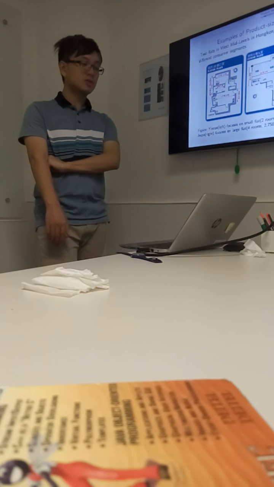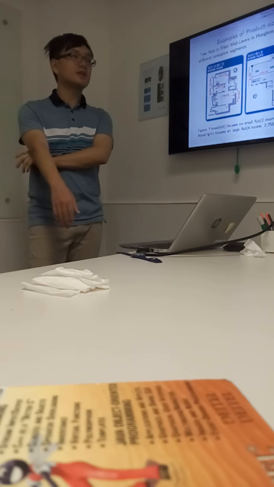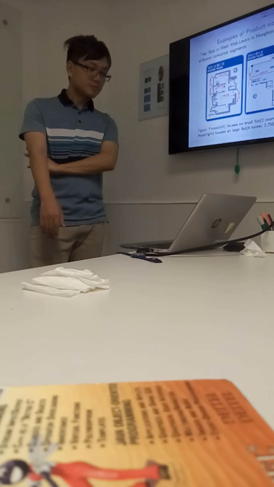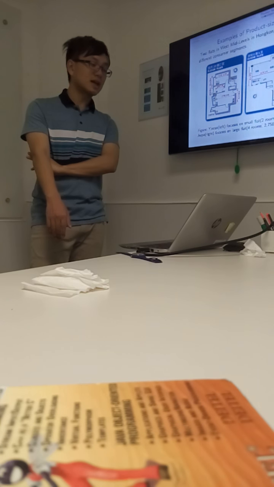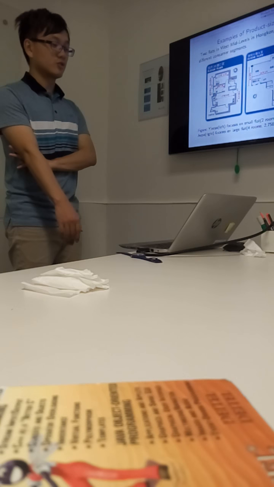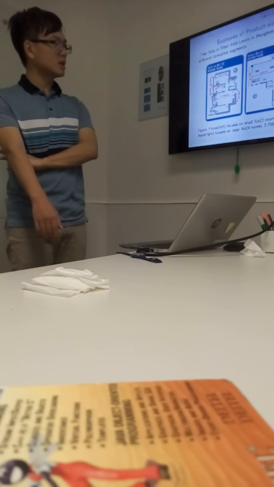For example, here are two flats in Hong Kong. The left one targets the small family, while the right one targets the large family.